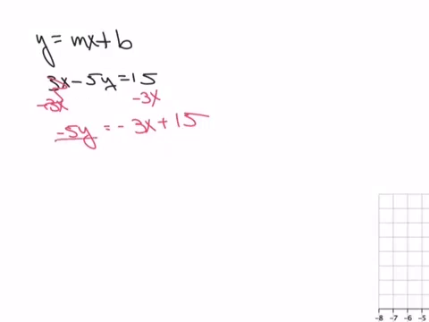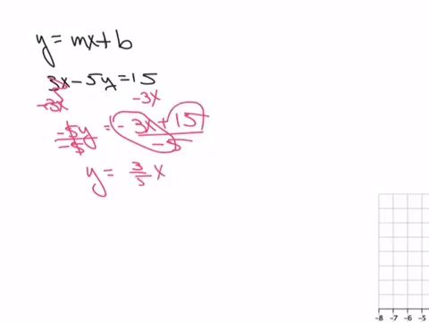Then we divide by negative 5, divide these two by negative 5. Those go away. Y equals negative 3x over negative 5 is a positive 3 over 5, two negatives. 15 over negative 5 is a negative 3. So there is my first equation in slope-intercept form.